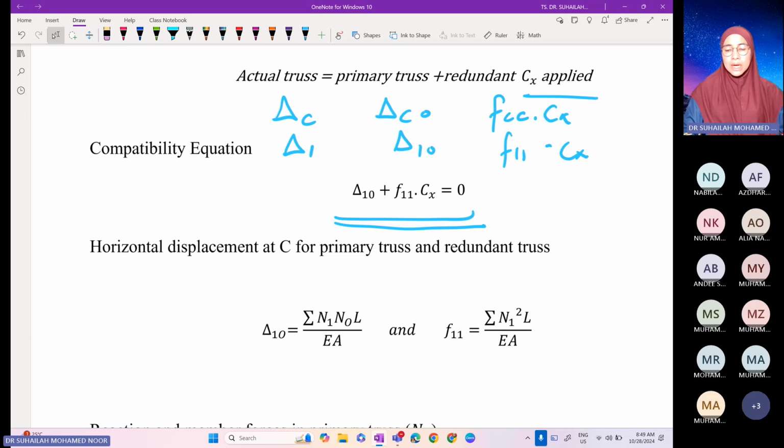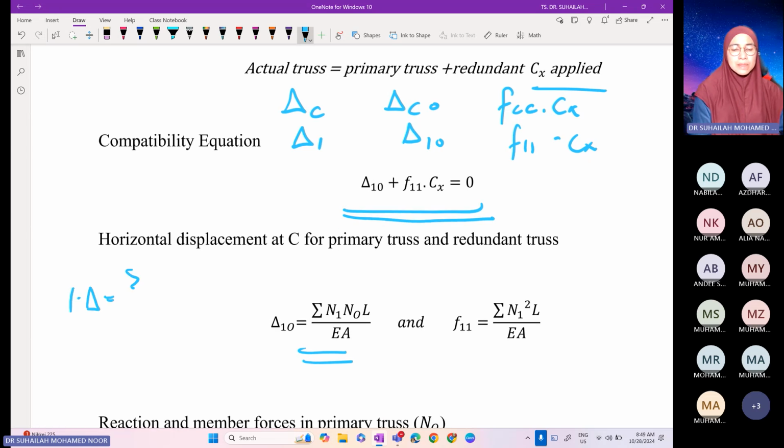So delta 1 naught, the formula for truss is this. Okay, yang ni, dia bukan integration dah lah. Integration tu for beam and frame because of bending effect. Now in truss because of axial effect. Remember the formula we apply to calculate displacement using the unit load method, 1 over delta, N kecil N besar L kan over AE.